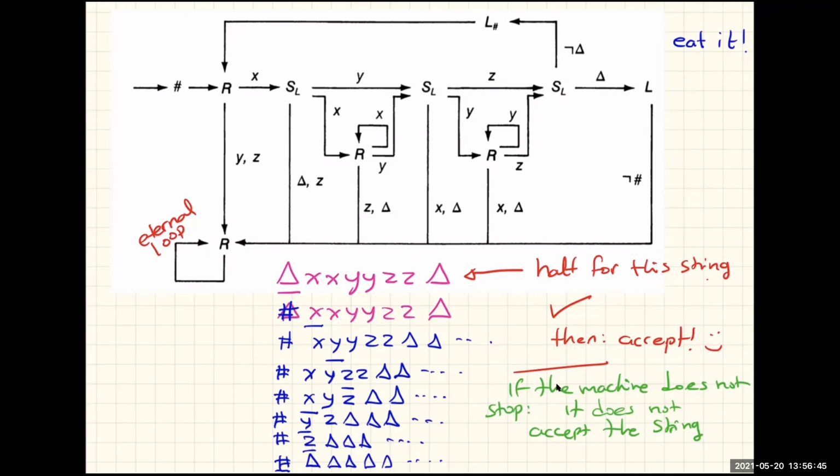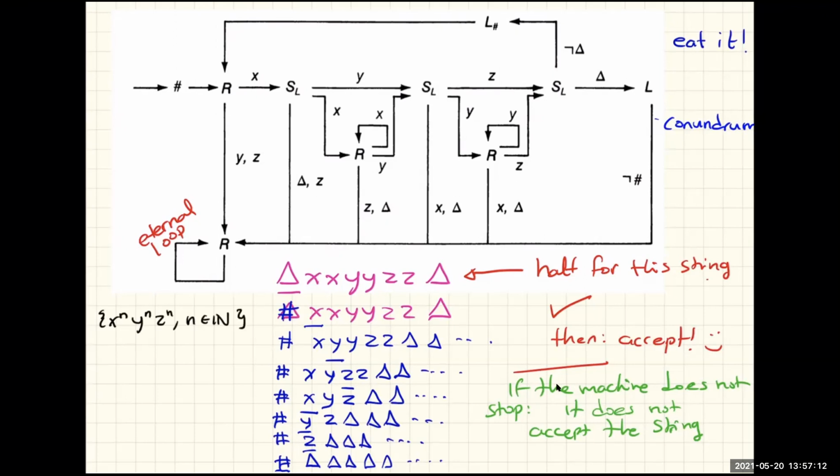Now, not to continue with this strange conundrum, we will say that the kind of strings that this machine accepts is precisely x^n y^n z^n, with n belonging to the natural numbers.